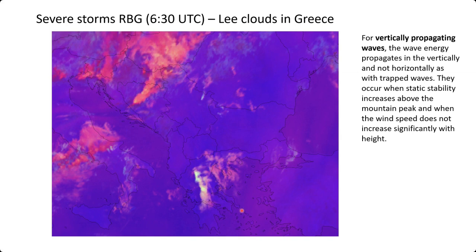This picture is already from 6:30 UTC this morning, because you could see the clouds a bit better in the morning. But here you could easily think that there is a thunderstorm going on if you only looked at the colors, because they look pretty similar to the ones we saw a couple of slides ago.